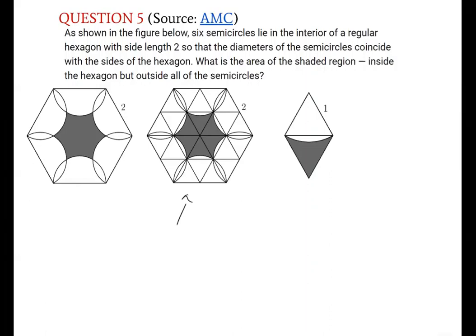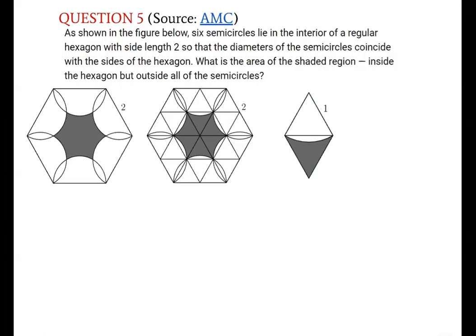And after you do that, you'll notice that the shaded region is basically just this thing. So if you can figure out what one of these is, then you can figure out what the shaded region is.